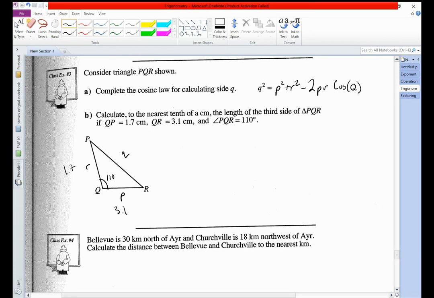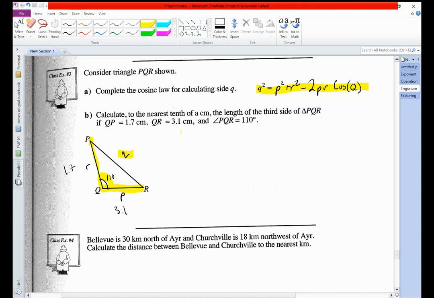So we're solving for the third side, which is the side we don't know, and that's little q. We've already written down the cosine law for that. I know I'm going to use cosine law because I have two sides of a triangle. I know those two sides, and I know the angle nestled in between.